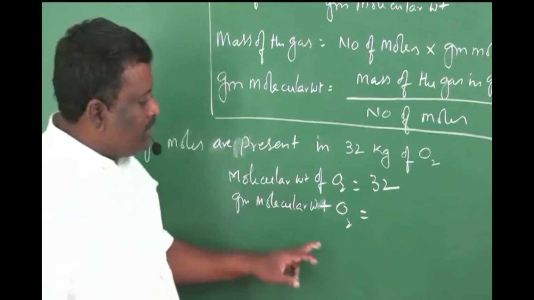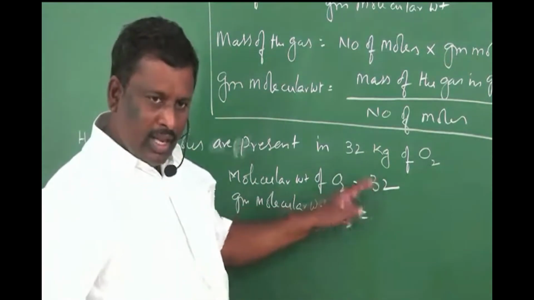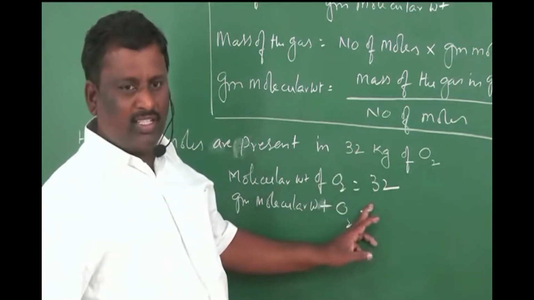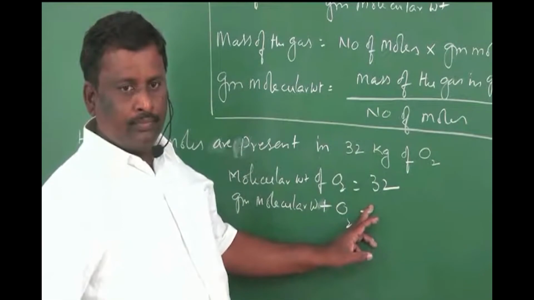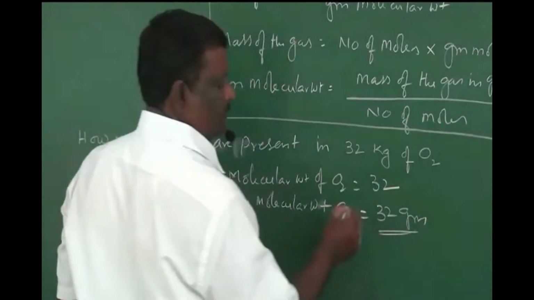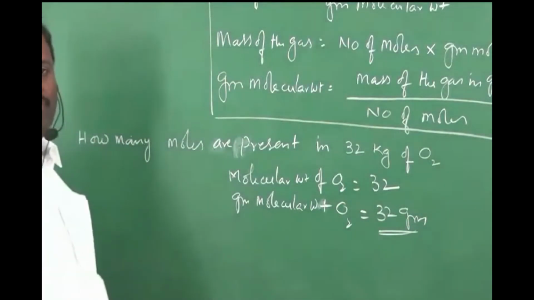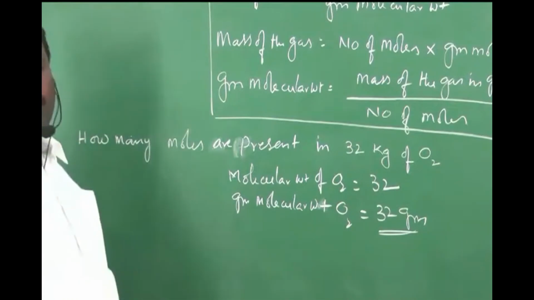Gram molecular weight means take the substance in grams equal to its molecular weight. So gram molecular weight means 32 grams. Taking the substance in grams equal to its molecular weight is said to be gram molecular weight.